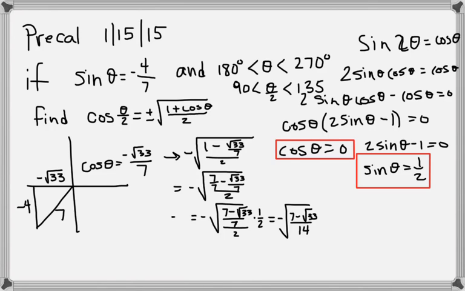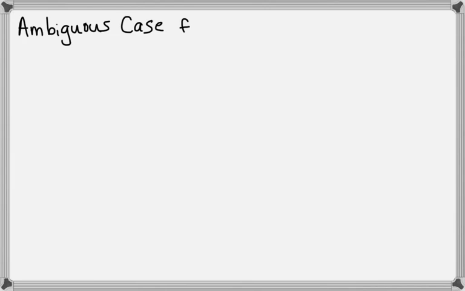So the question is, if you go back here, cosine of theta is the x coordinate on my unit circle. Sine of theta is my y coordinate. Can you tell me where on the unit circle I have an x coordinate of 0? Yeah, 90 degrees. Good. Where is y equal to 1/2? Good.